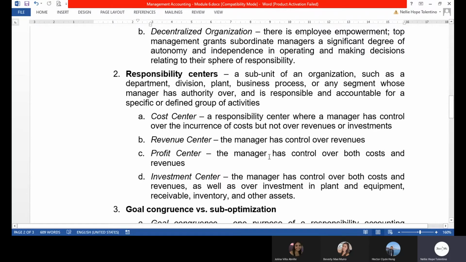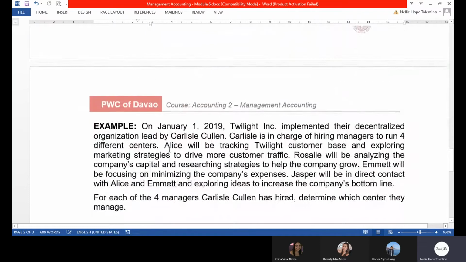Pag profit, both cost and revenue. Kapag investment, both cost and revenue, so parang profit na rin yun, and over-investment in assets, plant and equipment, receivable, inventory, and other assets. So keep that in mind, cost center, revenue, profit, and investment. We're gonna have an example here sa baba.